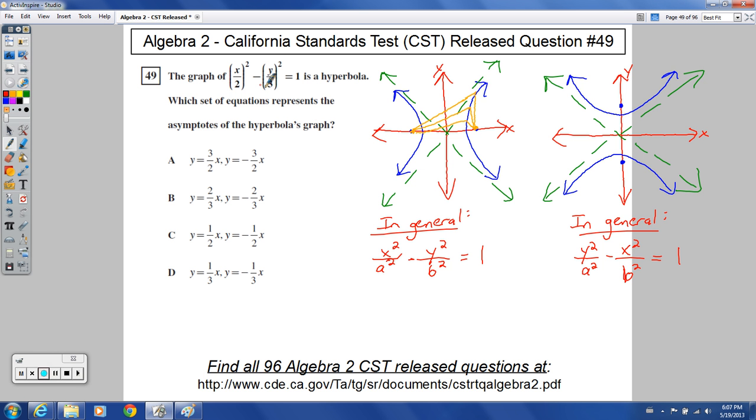And so what I have here, I'm going to rewrite down here. I can think of distributing this power to both the numerator and the denominator. So I have this over this, and this over this, 3 squared, which equals 1. I can think of that like this as well.